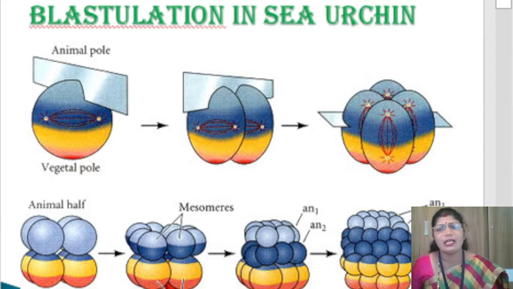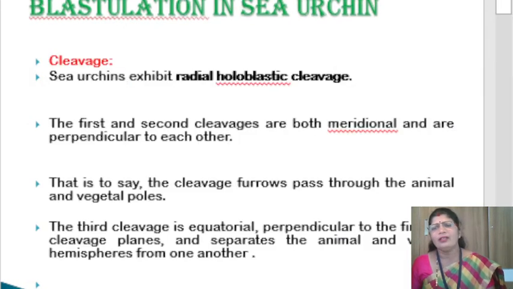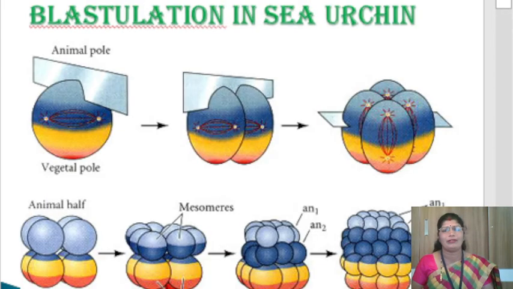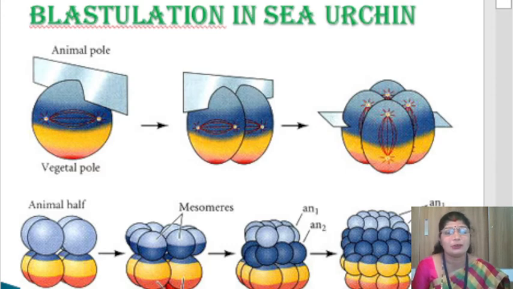Next, coming to the second cleavage. The second cleavage is also meridional, starting from the animal pole and reaching the vegetal pole, but it is perpendicular to the first cleavage. Therefore, after the second cleavage, we will have four cells.